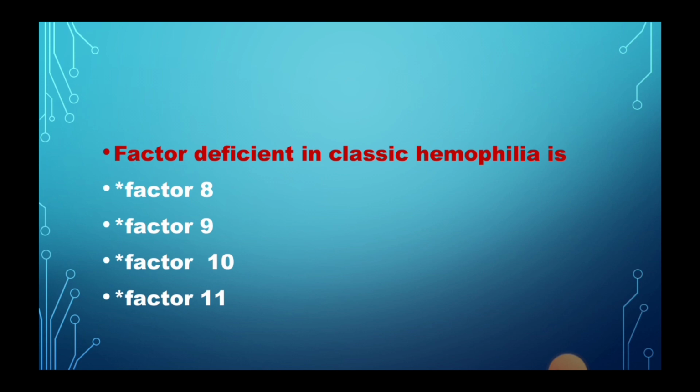There are three types of hemophilia: hemophilia A, hemophilia B and hemophilia C, in which hemophilia A is most common, so it is called classic hemophilia. Factor deficient in hemophilia A or classic hemophilia is factor 8.